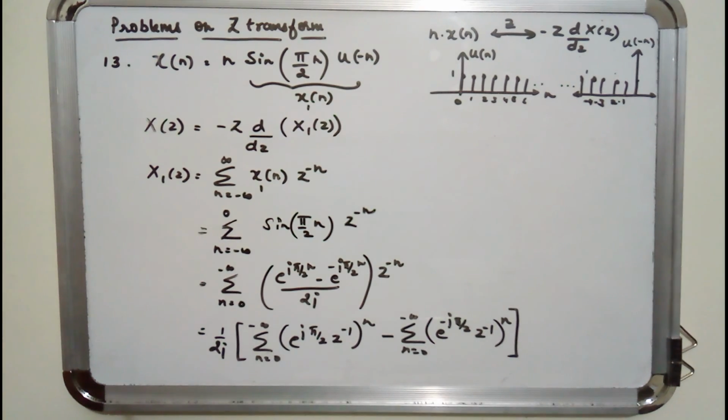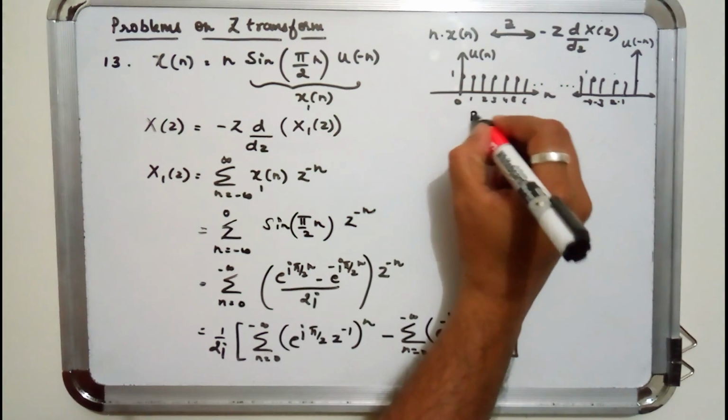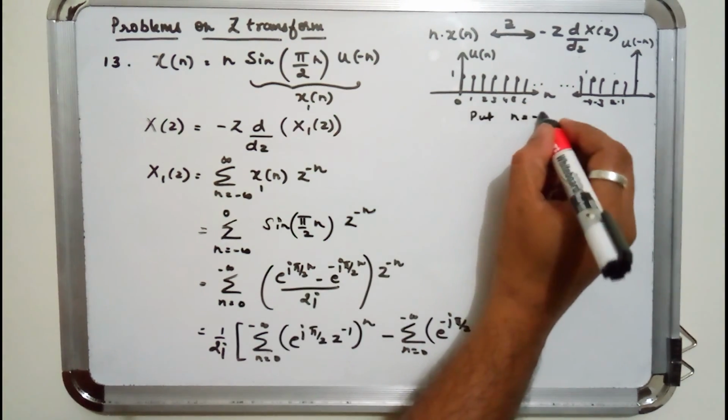So this is what I am getting here, right? Now I want the upper limit to be infinity, so what do I do? Substitute n is equal to minus n.